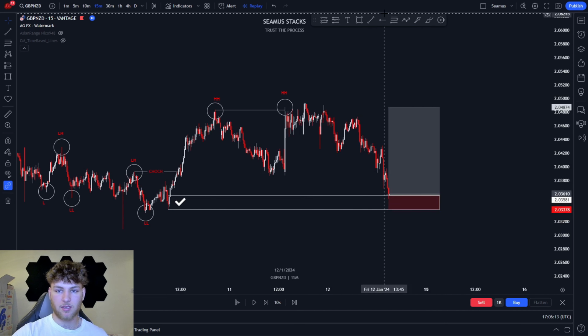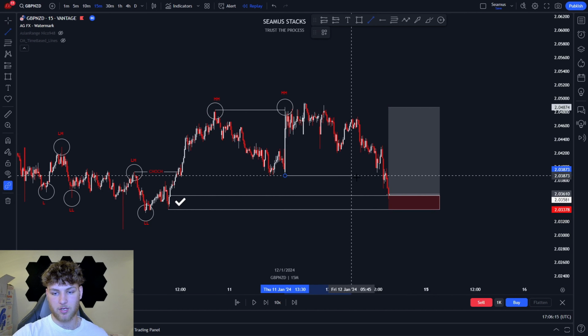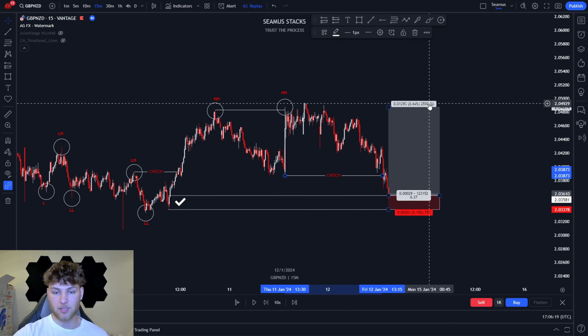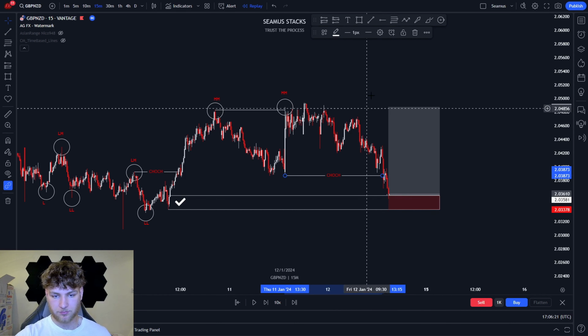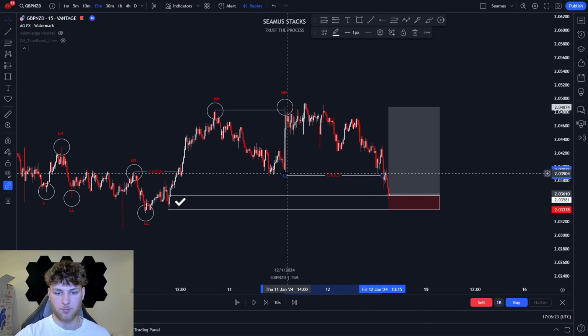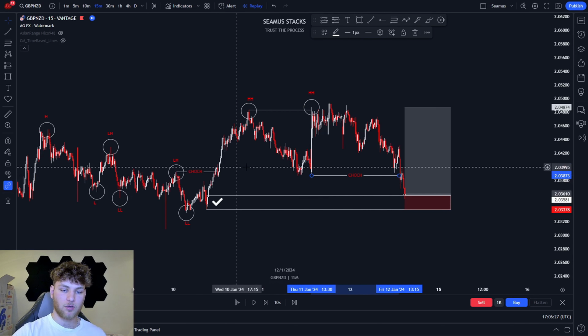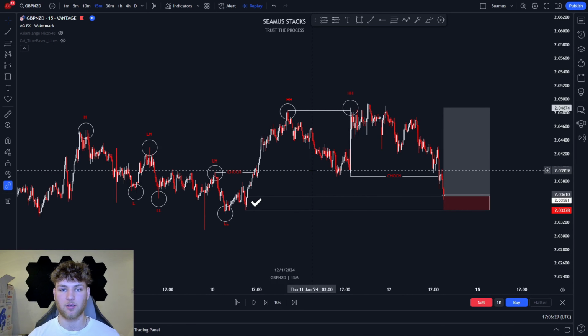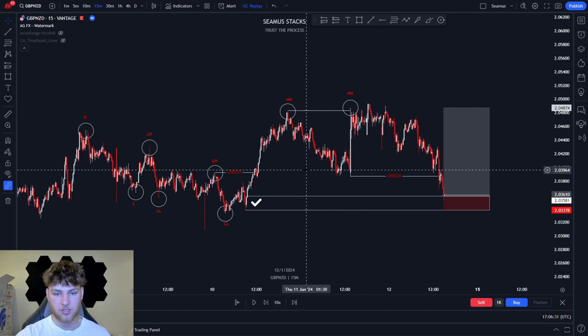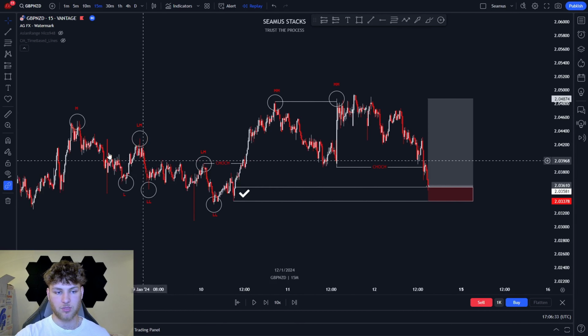Now, you may think that this is a break of structure over here, a change of character over here. And you would be correct, as we've been making higher highs and price actually broke this low over here, making a lower low. However, we are looking at the swing structure, okay? So on a higher time frame, we are in a bullish market now.